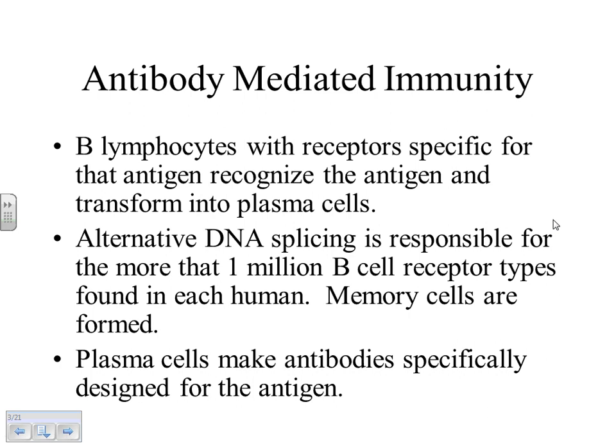How can a few genes make 1 million different receptors? The whole splicing thing, right? Take out introns, put together exons. Take out different ones. And different times, different things are introns and different things are exons. We do get memory cells, both memory T and memory B cells, but a lot of those B cells become plasma cells, and they start chugging out those antibodies.